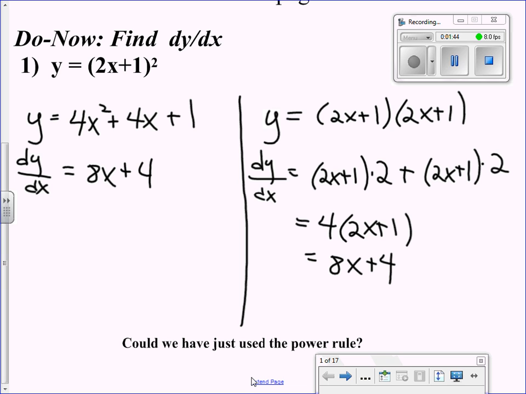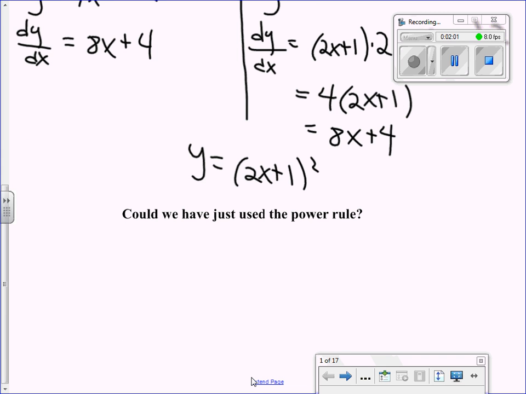But then we start to wonder, well, it was a little bit of work. Could we have just used the power rule? So in other words, we had this function, y equals the quantity 2x plus 1 squared. What if we had just gone ahead to find the derivative by using the power rule? Just ignore the inside. We have something squared. When we take the derivative, we get 2 of it to the first.